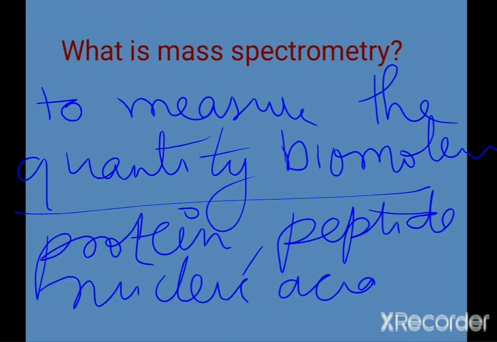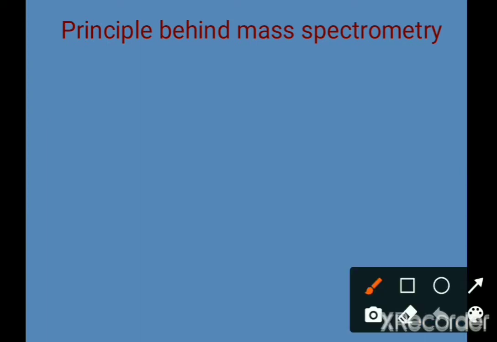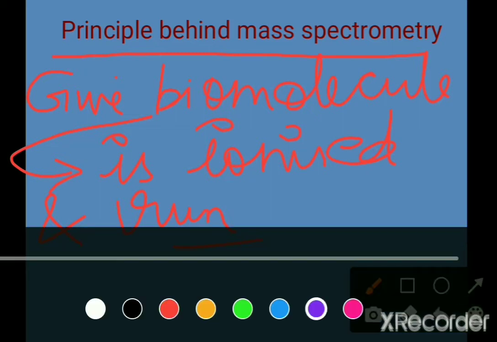So what is next is the principle. The principle behind this mass spectrometry is that the given biomolecule whose quantity has to be estimated, whose quantitative estimation has to be done, is first ionized and run under a fixed electromagnetic field on the basis of mass by charge ratio.